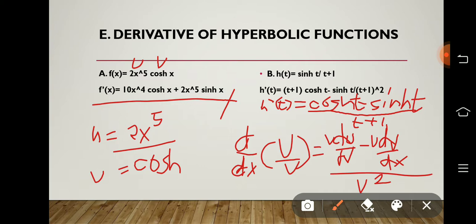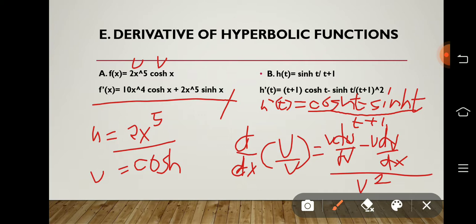To come up with the answer, h prime of t equals cosine ht minus sine hyperbolic t over t plus 1. We need to get the derivative of sine hyperbolic t, which is cosine ht, minus sine ht over t plus 1 quantity squared.